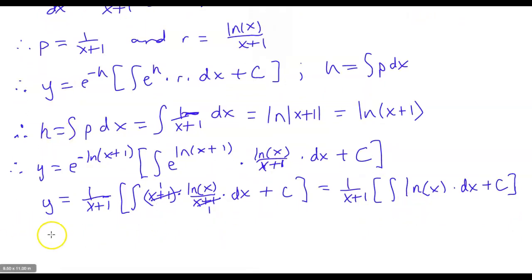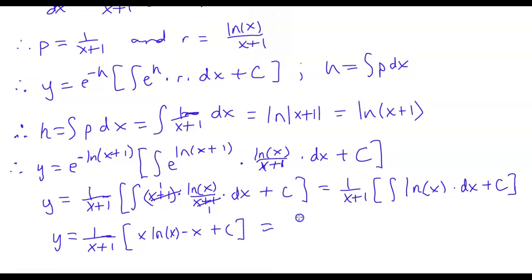All right, so the antiderivative of natural log of x, you could do it by integration by parts, but it's one of those that, after you learn how to do basic integration using integration by parts, comes up a lot. The antiderivative for that one just ends up being x times natural log of x minus x. And then, of course, we have our integration constant there. And this is essentially what our answer is.